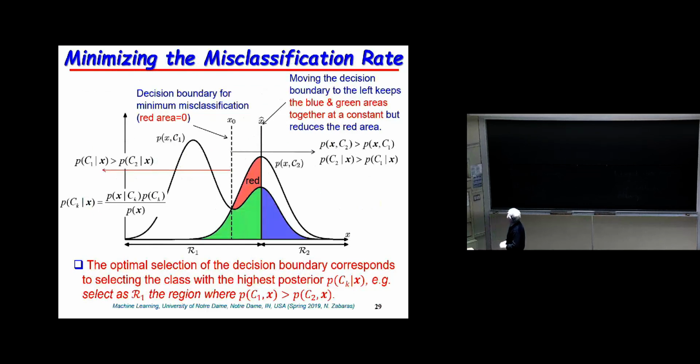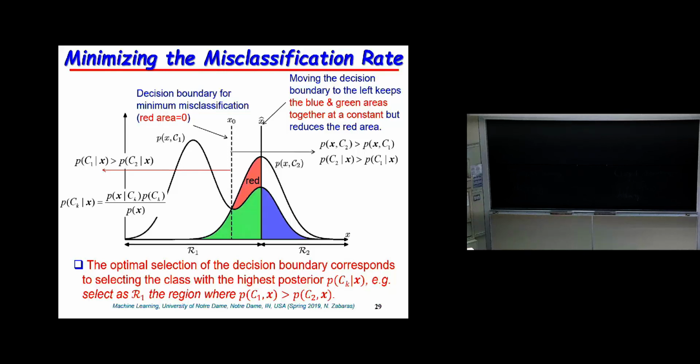I remind you, for classification, it was very easy. Basically, we discussed only generative models, at least up to now. So we start with the joint distribution of x in class 1 and the joint distribution of x in class 2, and you get these different distributions.